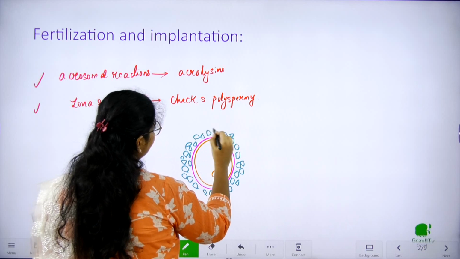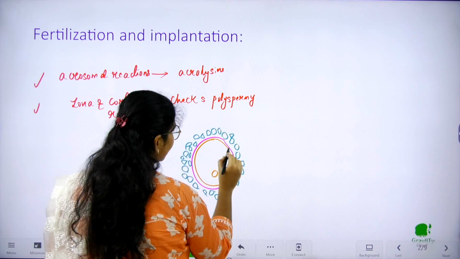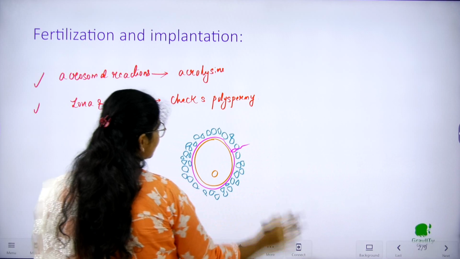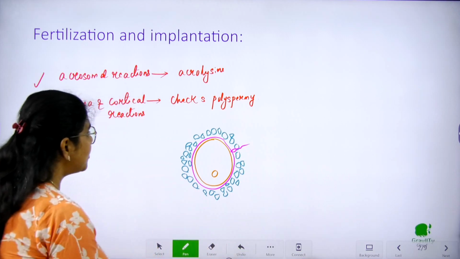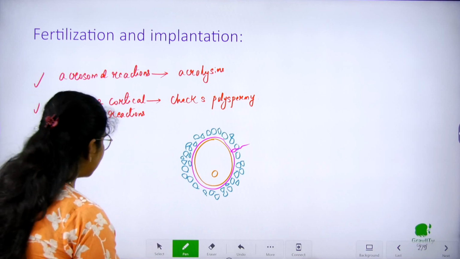With the help of those acrolysins, the sperm is entering till here. Now it is here in this perivitelline space. The space present in between the plasma membrane and the zona pellucida is called perivitelline space.